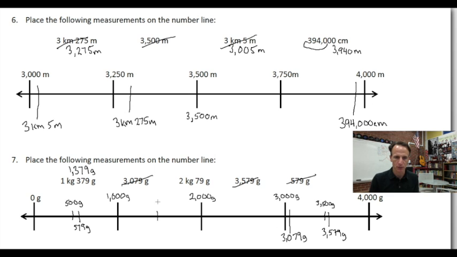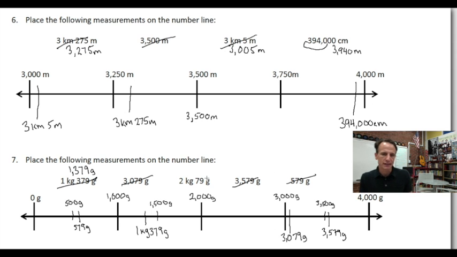I'll again go ahead and mark my midpoint here. What's my midpoint between 1,000 and 2,000? Yep, you're good at knowing the midpoint from all that work we did before, and now you see why we did it. It'll be 1,500 grams. So 1,379 grams? Yes, it would fall kind of roundabouts here, closer to 1,500 than to 1,000, right? And I'll write it in the form which it was given to me, 1 kilogram, 379 grams. Lovely. Cross it out.